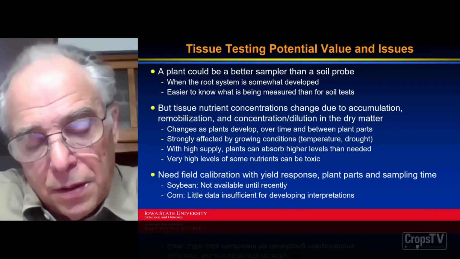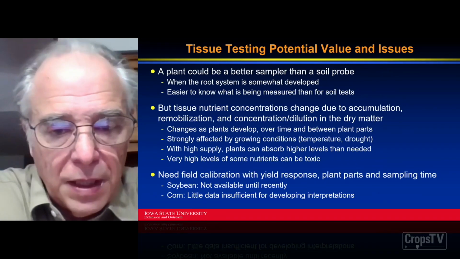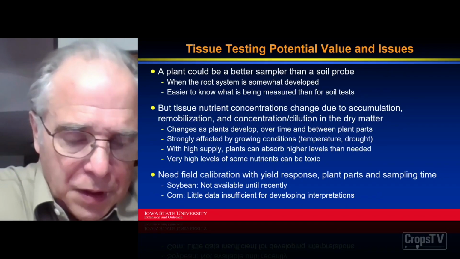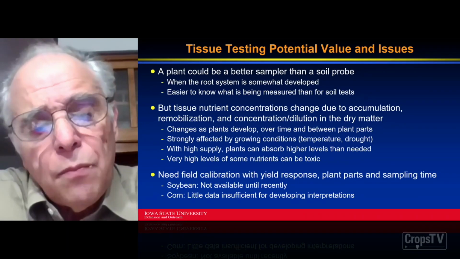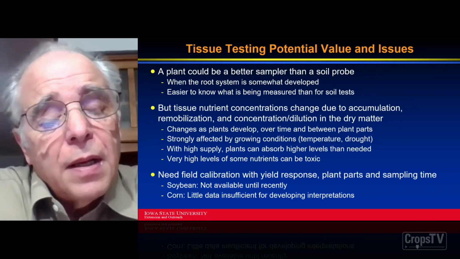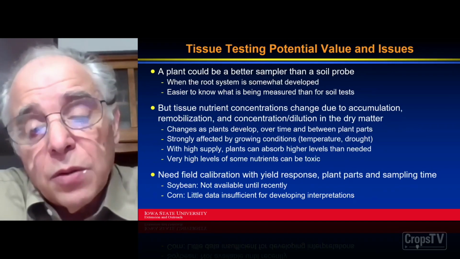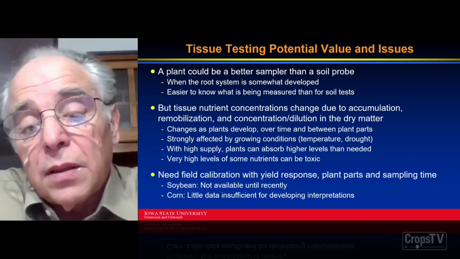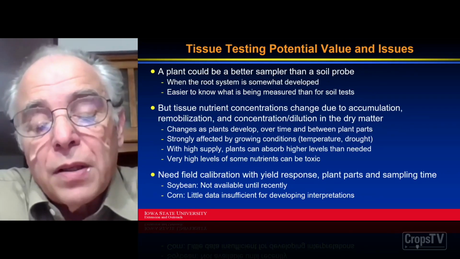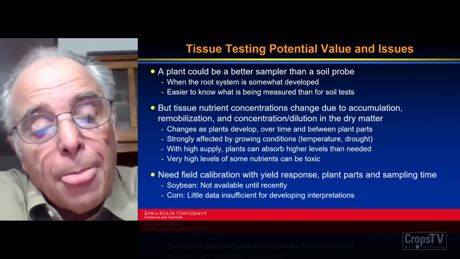And this accumulation may be different in different leaves, leaves in the top, leaves in the bottom, etc. And because of this, very high levels of some nutrients, not many, can be toxic if too much is being absorbed.